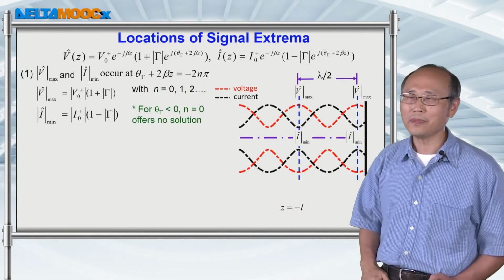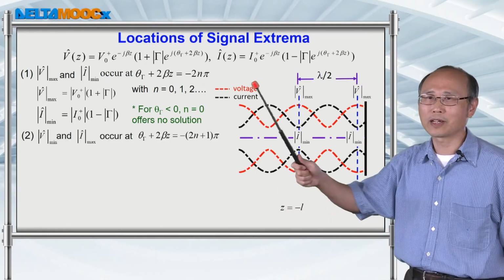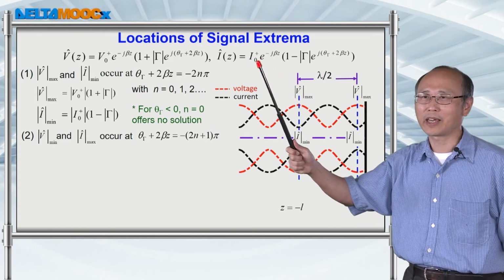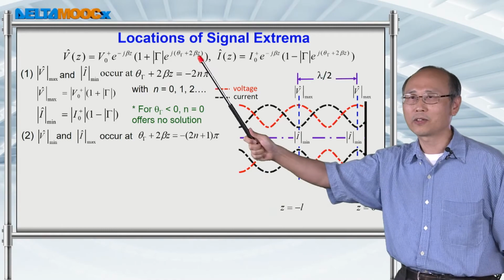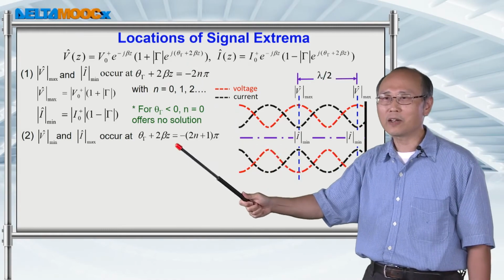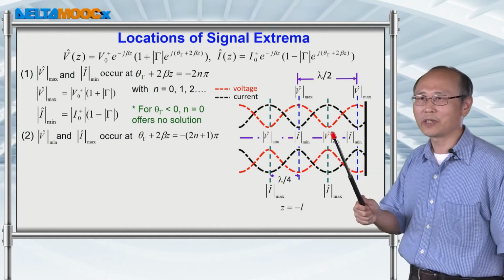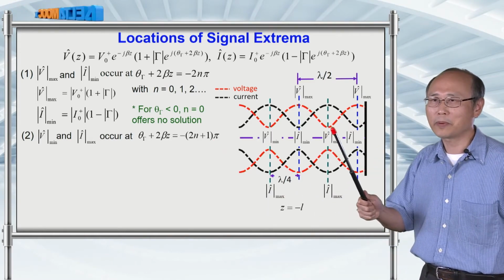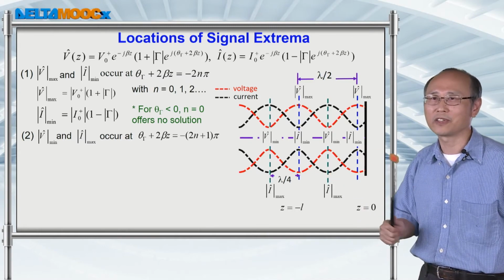phase. And if we look again at this expression and this expression, and set this phase right here to be a multiple of pi, then you are calculating the minimum point of the voltage and also the maximum point of the current.